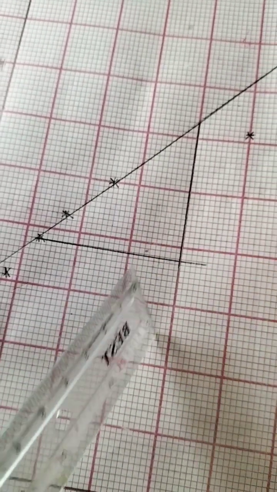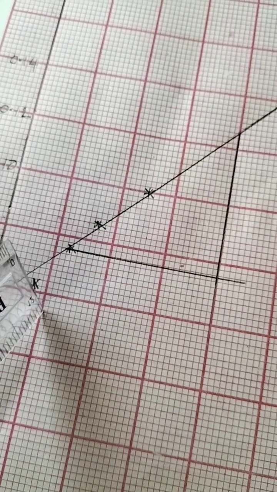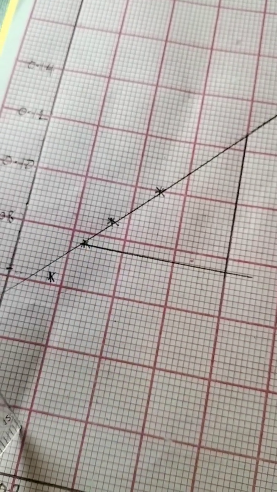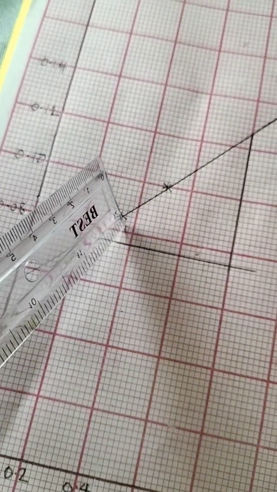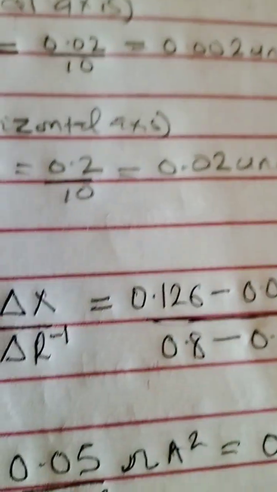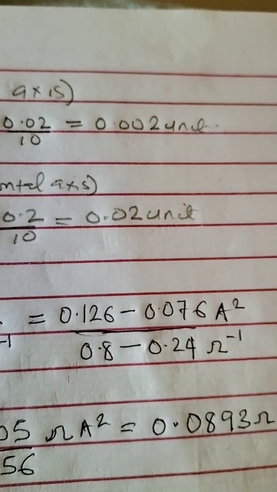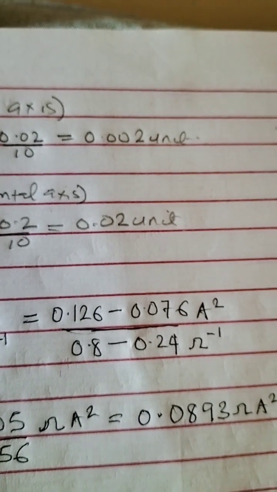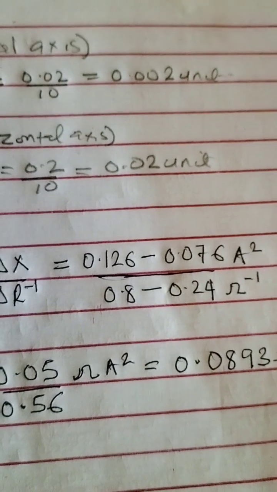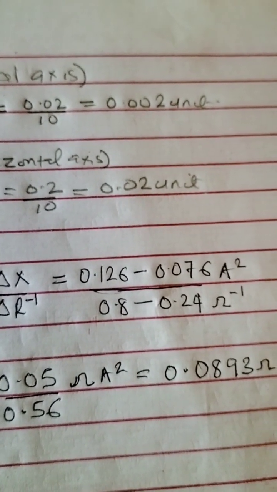Then moving the other point down with a straight line to the horizontal axis, we got 0.24. So the change on the vertical axis is 0.126 minus 0.076 ampere squared, all over 0.8 minus 0.24 inverse of ohm.